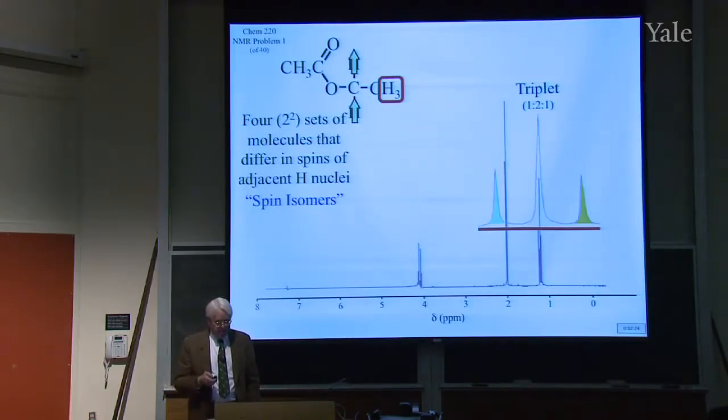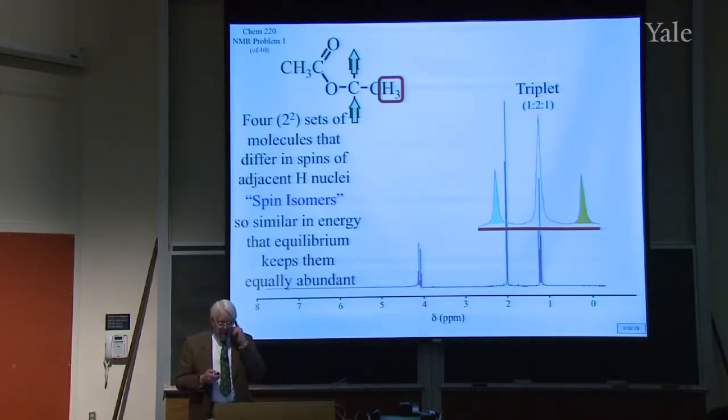But they are so similar in energy, the magnetic interaction of the protons with the field is so small in energy, that the Boltzmann factor is 1, with equal amounts of the two. I mean, there's a tiny, tiny difference, but not that you could measure by the intensity of the lines. So they're equally abundant, so the yellow peak is just as big as the blue peak, or green, okay?